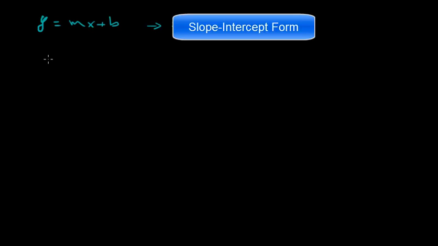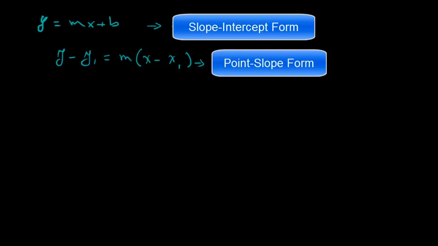Then we practiced writing point-slope form: y minus y1 equals m times x minus x1, and that is point-slope form.